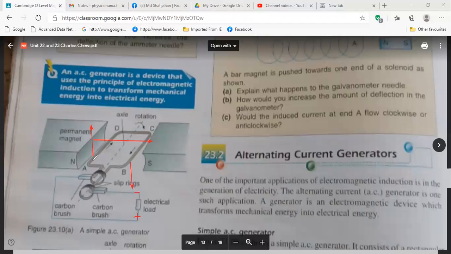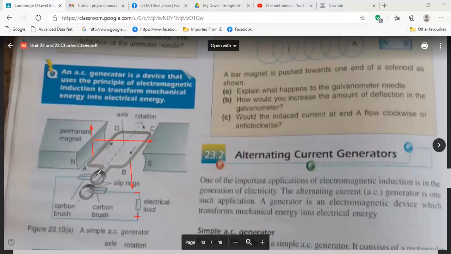So the current direction through them will also be reversed, isn't it? Unlike the split ring, there will be a change in direction of the current in the electrical load. Why? That I'm explaining now.